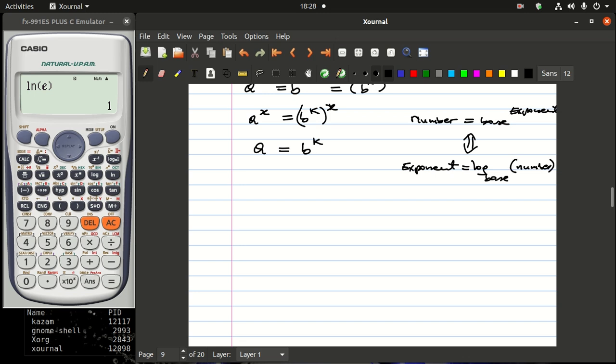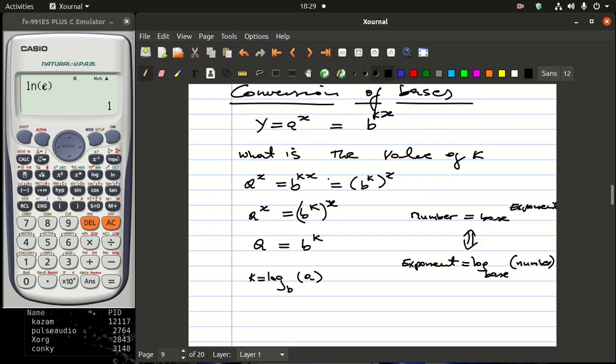So I wanted to bring this exponent down, and then I have a log. Of course, the base is going to be b, and then a is the number, so it goes inside. So I have k is equal to that.